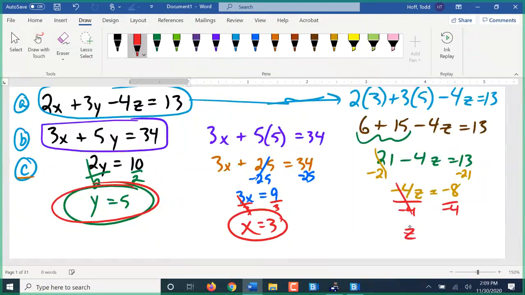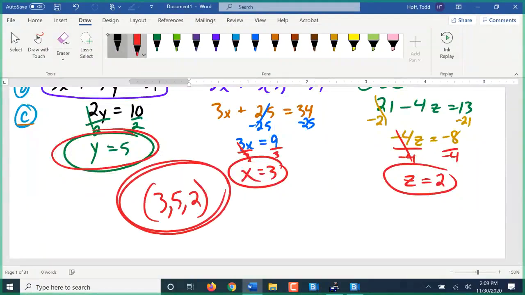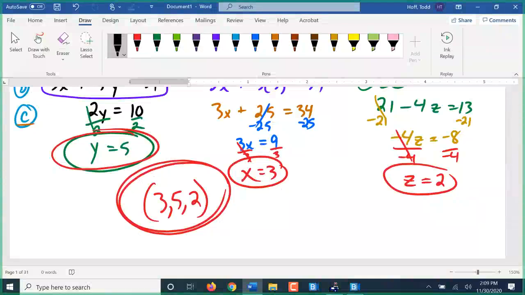You get that z equals negative 8 divided by negative 4, which is a positive 2. So that gives me the solution: x is 3, y is 5, and z is 2. So there's a system where even though it's 3 variables, we actually buzzed through that in about 5 minutes because not every equation had all 3 variables in it, which made it a lot easier to solve.